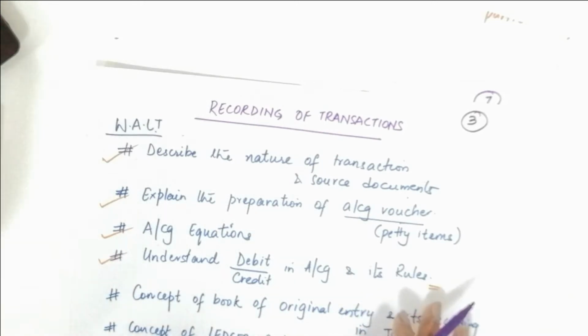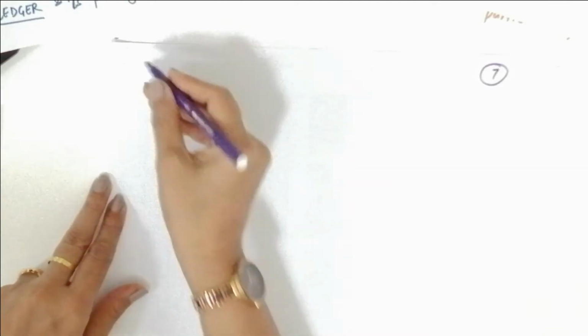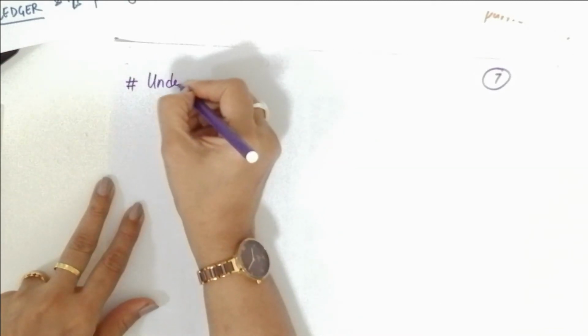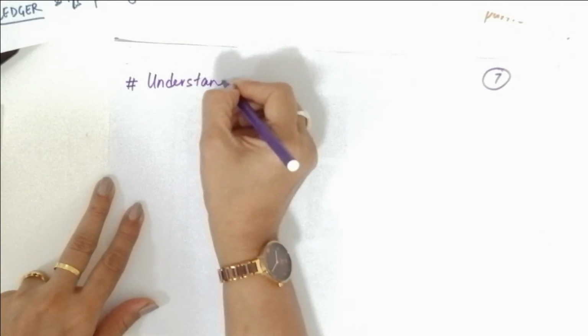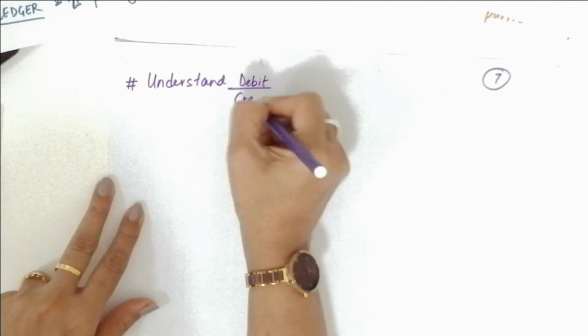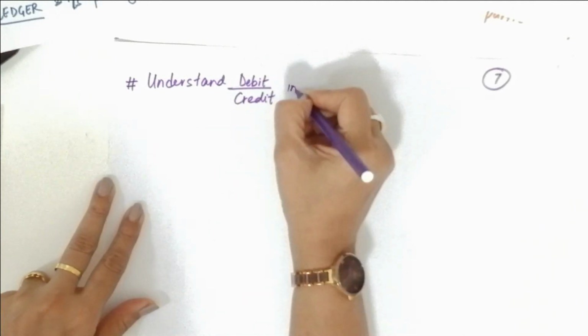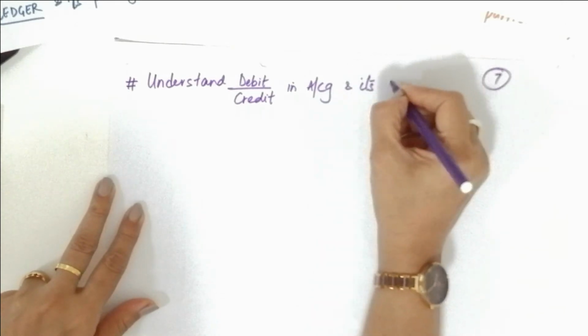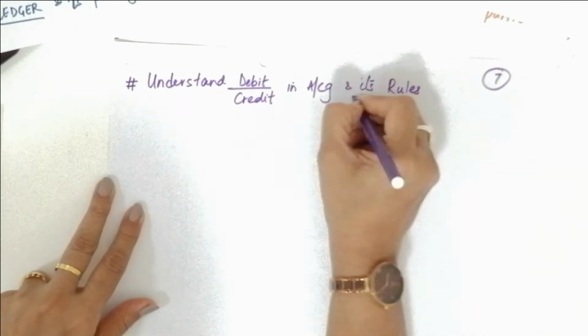Okay, so as I have already stated, every transaction always involves give and take. All right, so let me write this. Understand debit or credit in accounting and its rules, right?